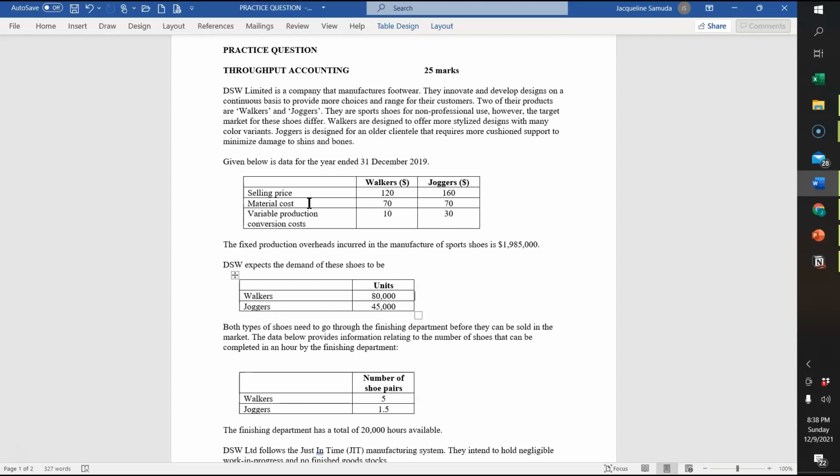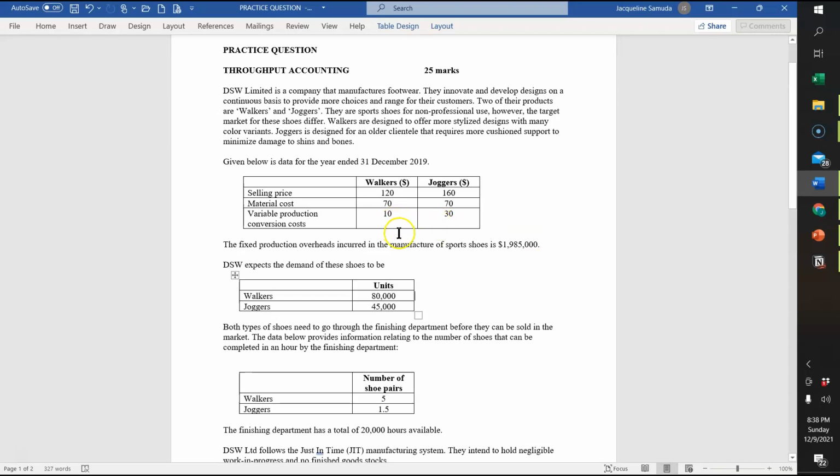But because the TPAR also requires a factory cost, this 1.985 million is going to be one of the required data in working out the denominator for the TPAR.